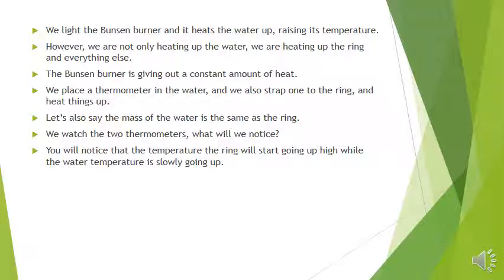Then I take a look at the two thermometers after like a minute. What will I notice? You will notice that the ring's temperature has gone up way higher than the water. So there's something about the ring that can change temperature way easier than water. And that's the quality of the substance.